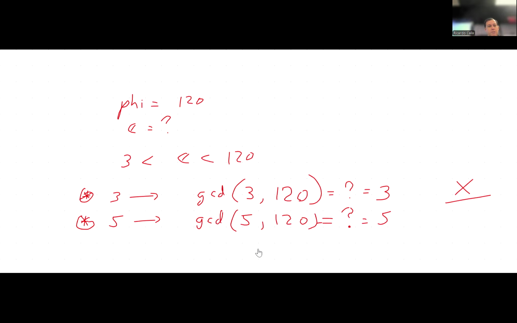So let's do 7. GCD of 7, 120. What is that? Is this 1? Yes. 1, right?